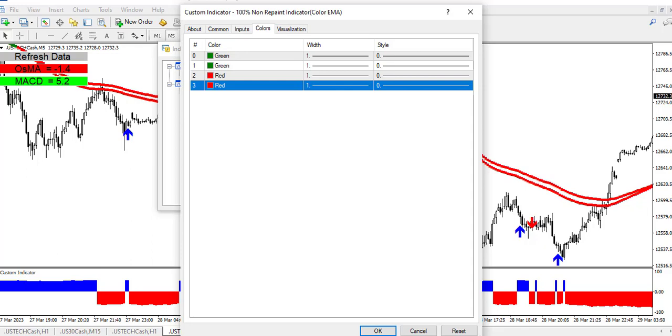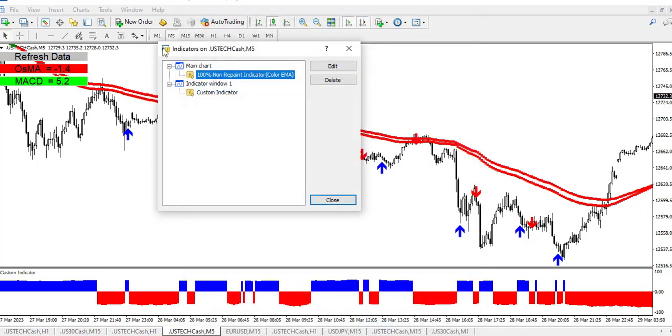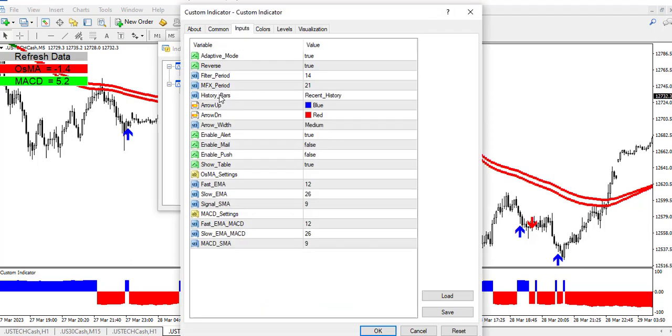Then the second indicator on the indicator window is this custom indicator, also a forex tool. So let me show you the values for this indicator. So these are the values. Just make sure you pause it and set it up accordingly.